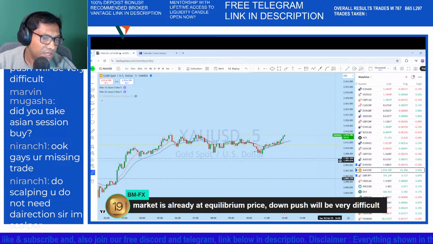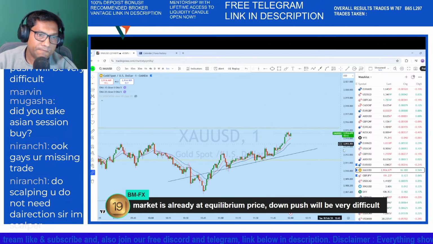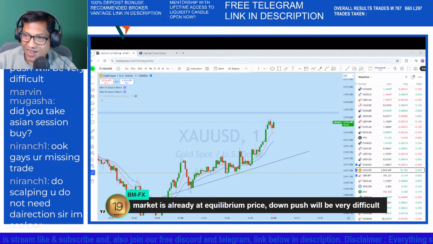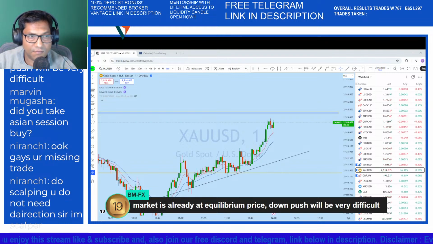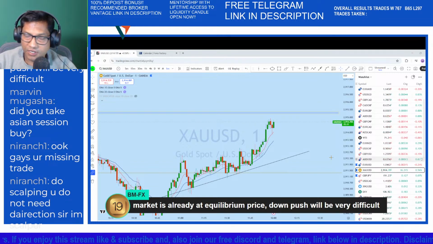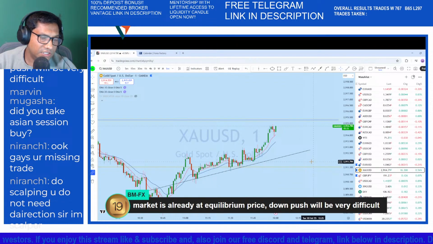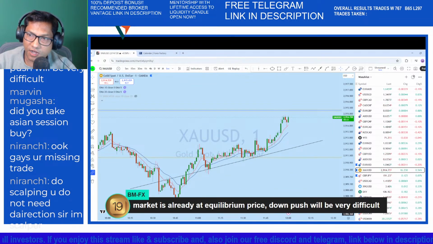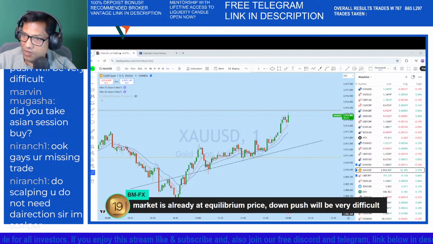But as I mentioned, the market already made a move, so we need to wait for a refreshed, newly developed trend for a potential entry in this market. Let's wait for that, and it is important that we always remain patient when entering that trade.